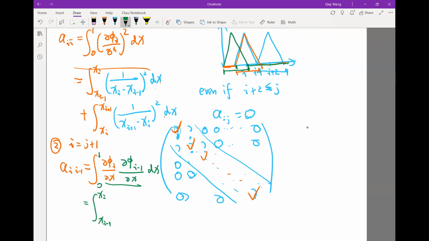So what is the product, though? What is the product of the derivative of the red slope with the green slope?